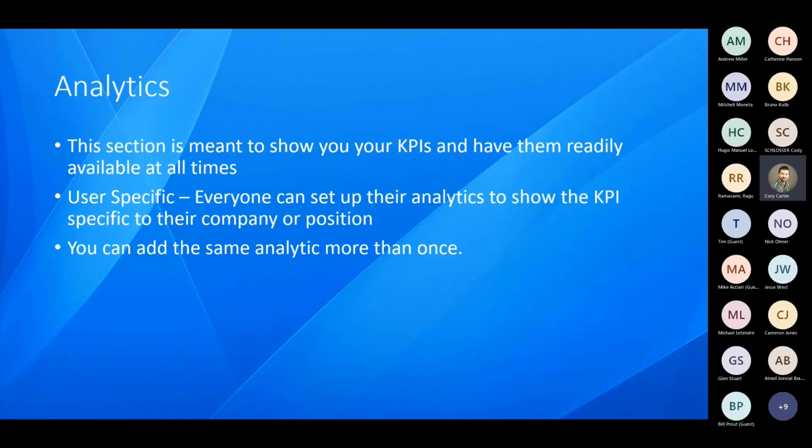Not every client has the same KPIs, and not every person within a company will have the same performance indicators. So the analytics section of your home screen is completely user specific. Everybody can set up the analytics to show the KPIs specific to their company and specific to their position, so you can see exactly what you need to see.